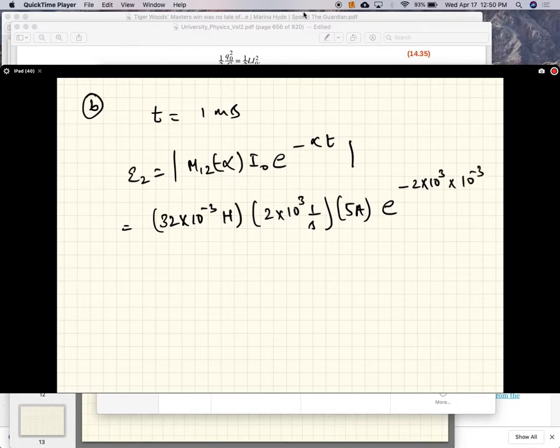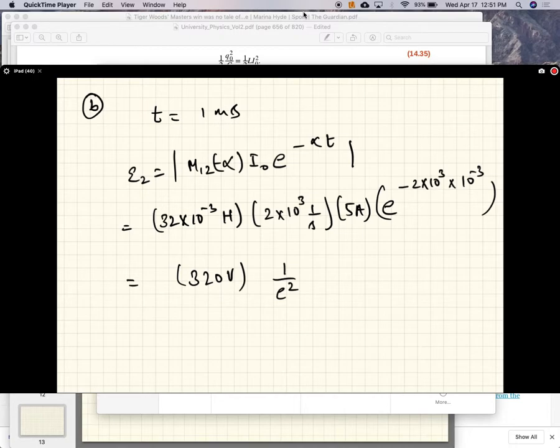Okay, so everything is the same as in the previous case. This was 1. Now this is e to the power minus 2. So all this factor we calculated last time was 320 volts. So now this thing is 320 volts times 1 over e squared.